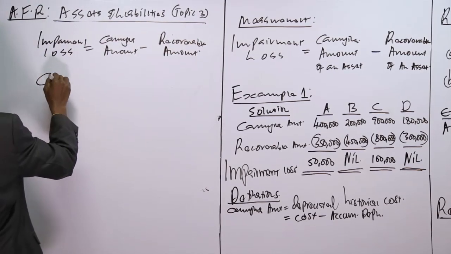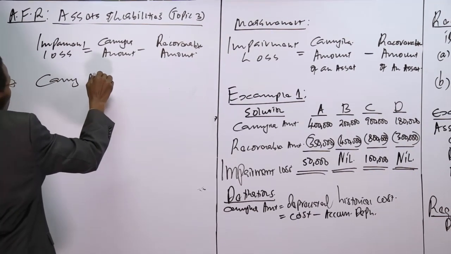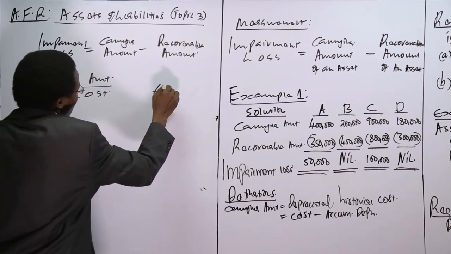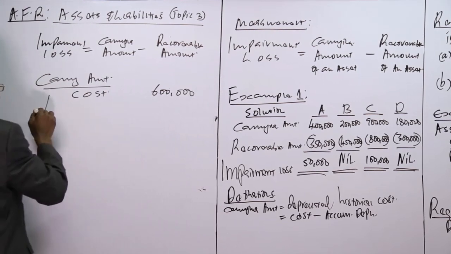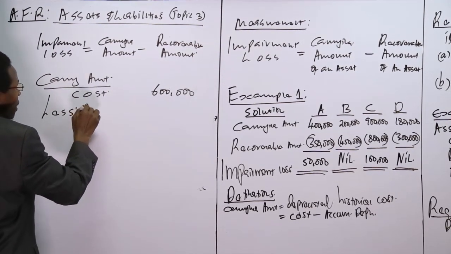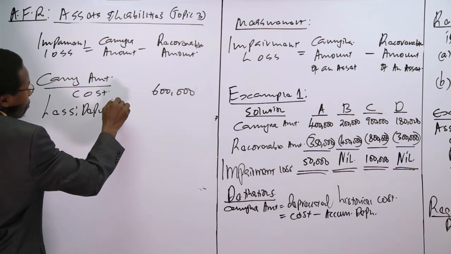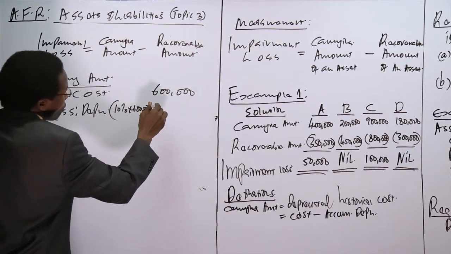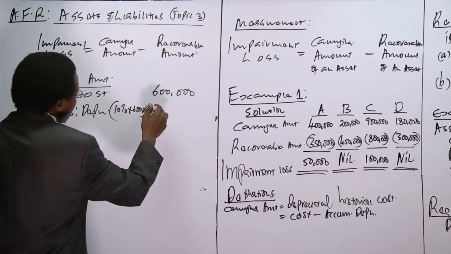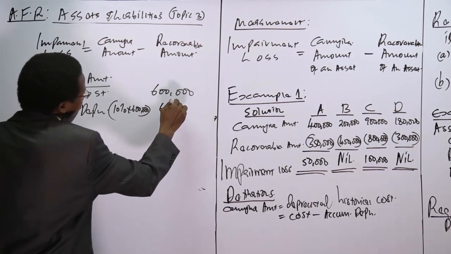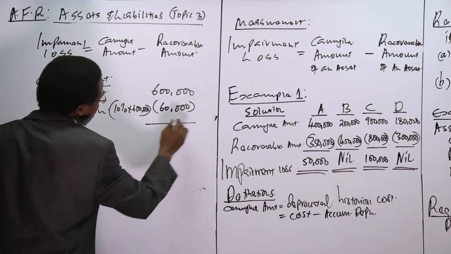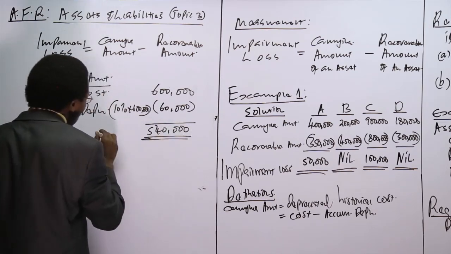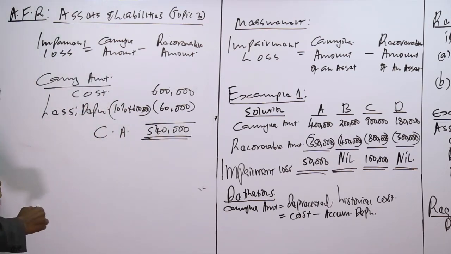So what is our carrying amount? We have the cost, which is 600,000. We less the depreciation, that is 10% of the 600,000, and that comes to 60,000. If you subtract that, you're going to have 540,000. That's now our carrying amount.